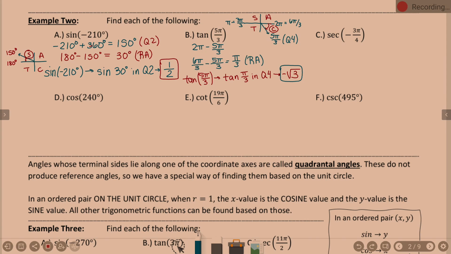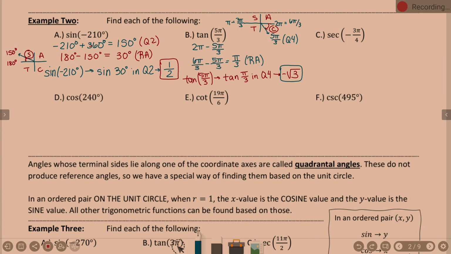Do you want negatives or do we want positives? If we want to work in positives, let's go back to what we did on A. Before we worried about the reference angle, we added a loop around the circle, yes? So in degrees, we added 360 degrees.